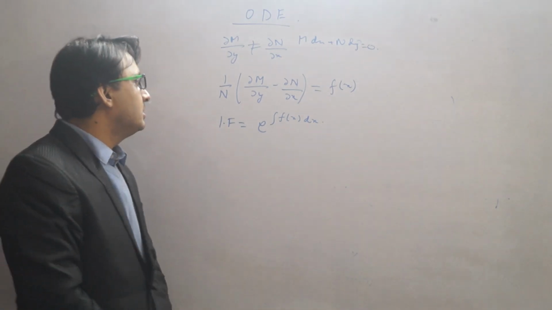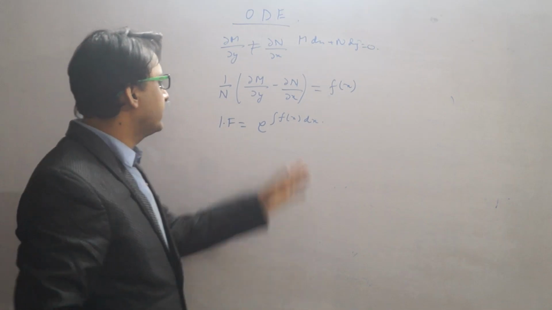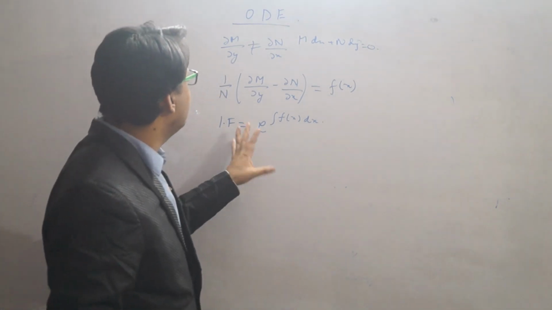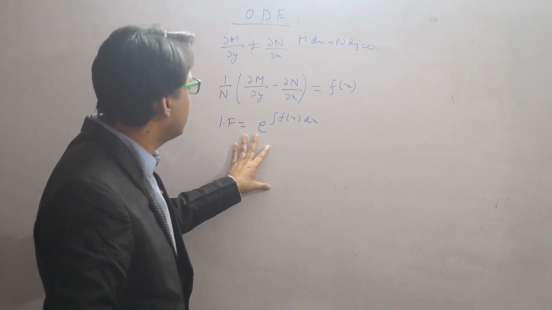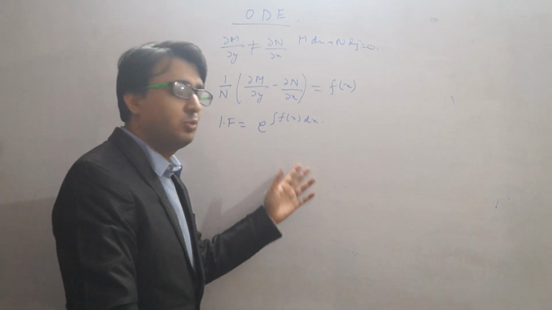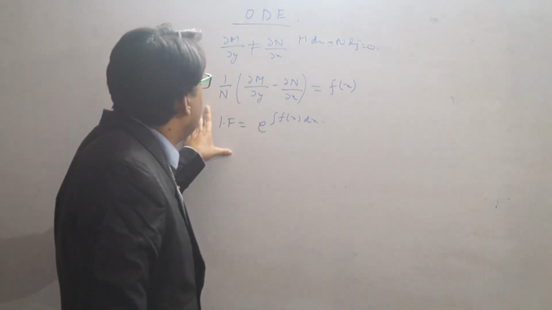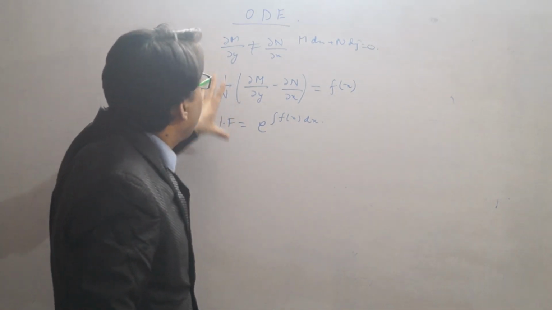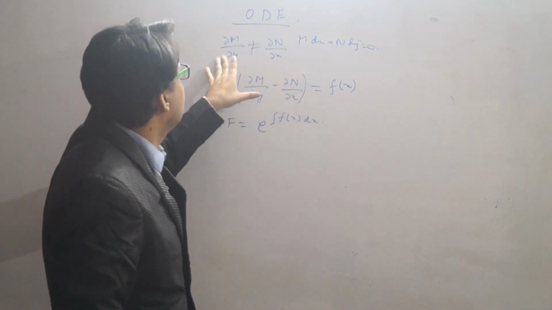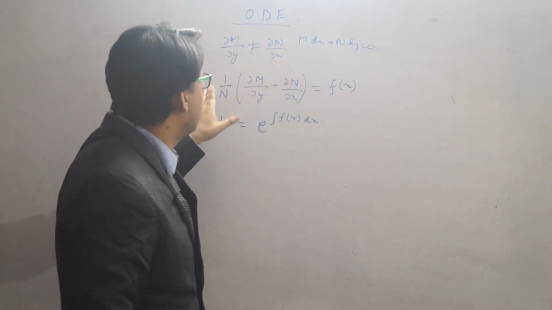Now, this question has been asked in the IES examination in the 80s, and in most of the questions asked even in recent times, 2019, 18, 15, whatever, all the time they are asking its application. That is, the equation is not exact, use this.